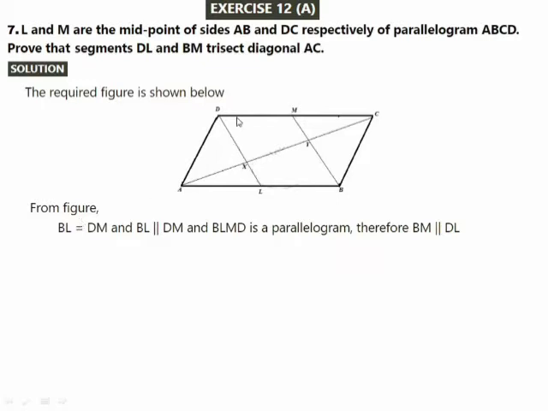Also, since this is a parallelogram, AB is parallel to DC, so BL will be parallel to DM. That's why we say BLDM is again a parallelogram. They are parallel for sure, and they are equal also.